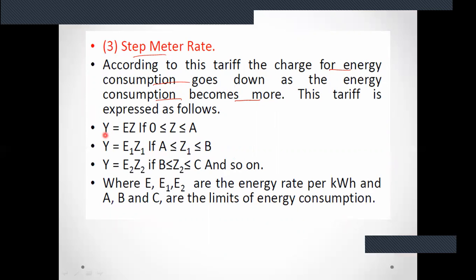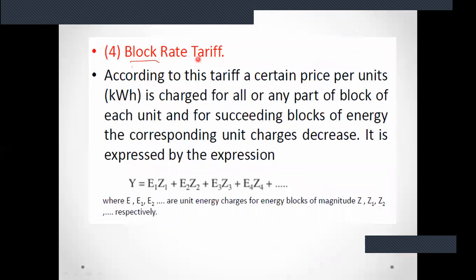We can write this as Y is equal to EZ, where Z will be lying between 0 to A. E1, E2 are the energy rates in kilowatt hour, and A, B, C are the limits of the energy consumption. Z is the energy consumed, in terms of kilowatt hour. All this depends on the general equation, that is total cost Y is equal to DX plus EZ plus C.